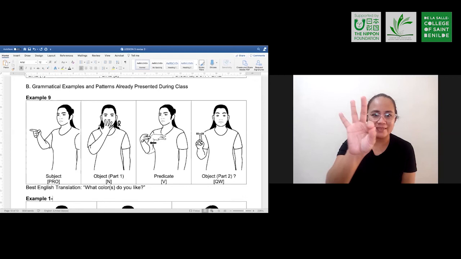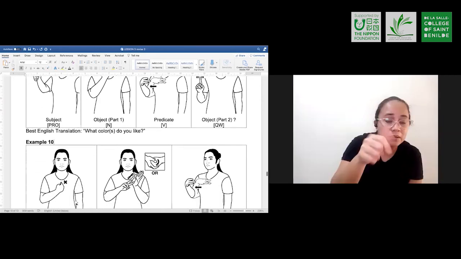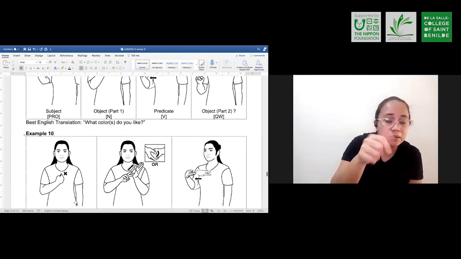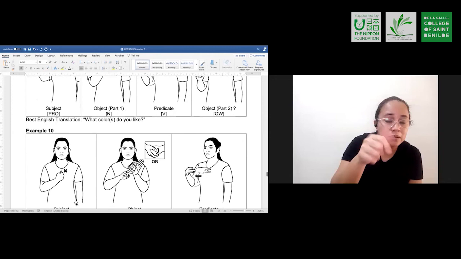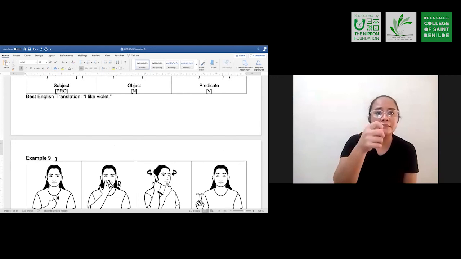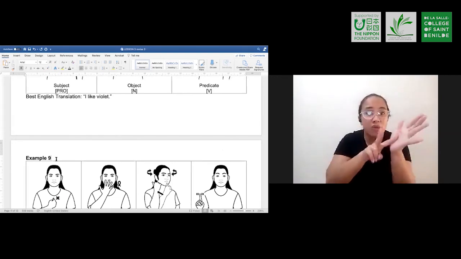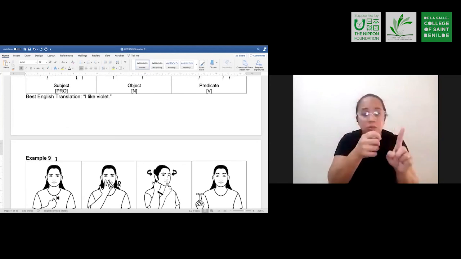That should be example 10, yes. Okay, let's look at the example. Violet, like, yes, okay. All right, take out the second sign for violet, use one or the other. And this should be 11, I think.